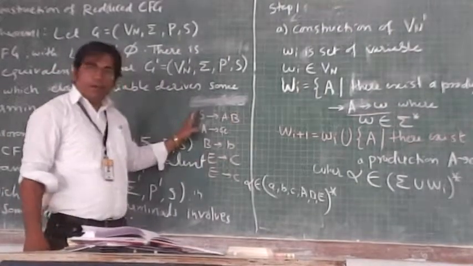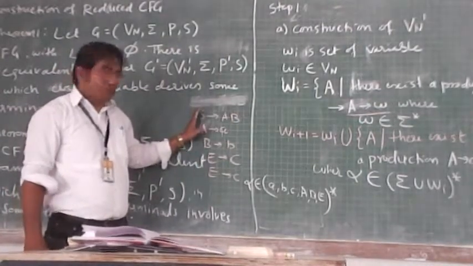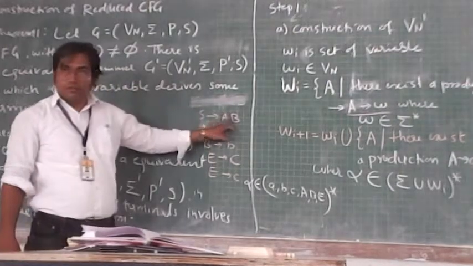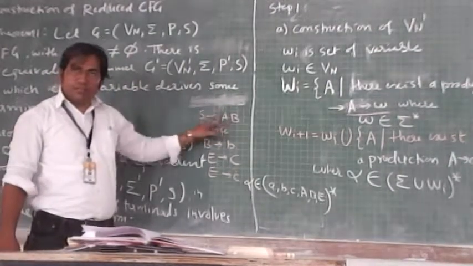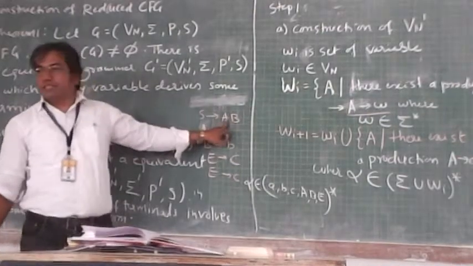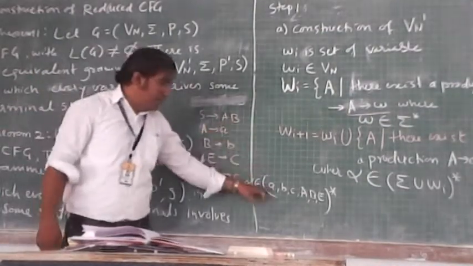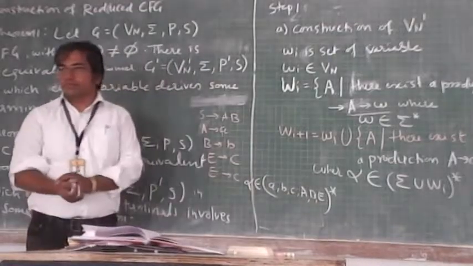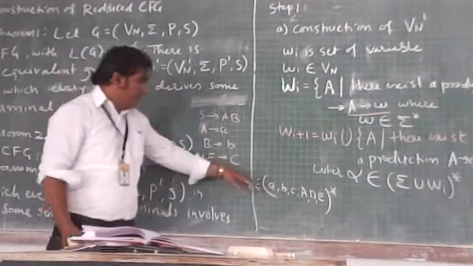How do you look at it? Go looking at every symbol, every production. Look at the first production. Select the first production. Get the right hand side of the production. Here in this case, AB is there. Is AB an element of this? It is. Means what?